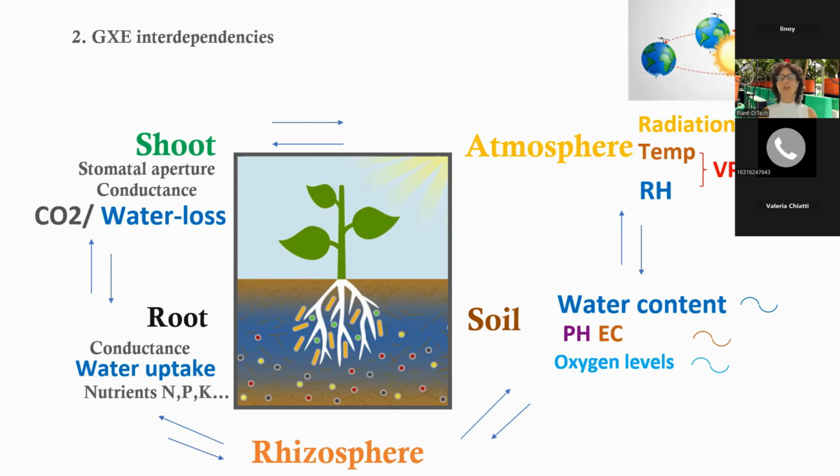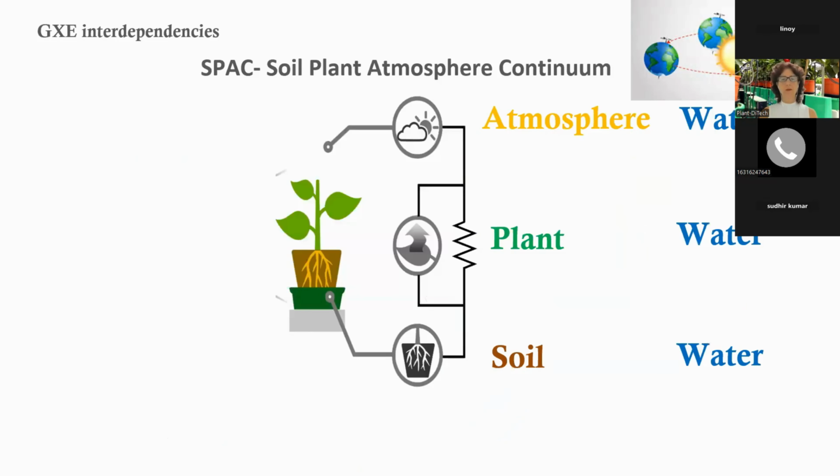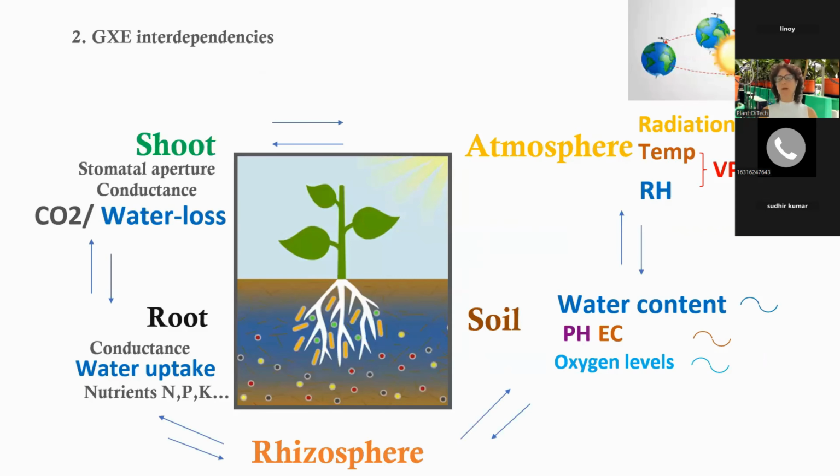So it's actually a very interdependent activity that happens between the plant and its environment, and we cannot ignore it. And when we design for drought experiments, we need to take these into account. As you saw before, we are talking mainly about the soil, the plant, the atmosphere.